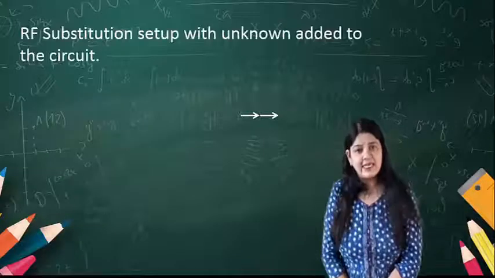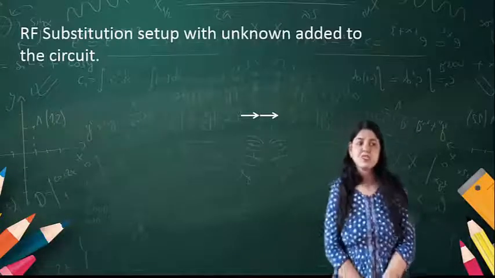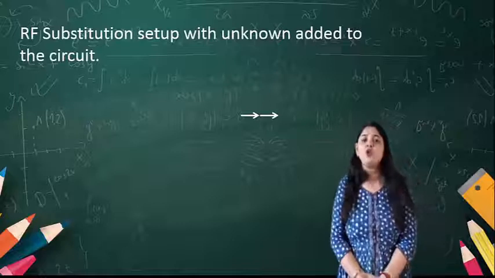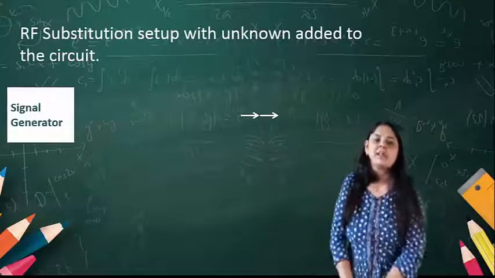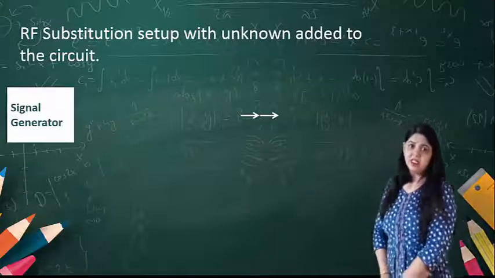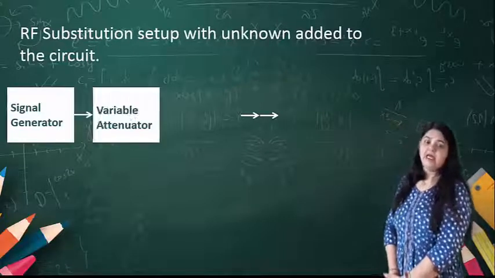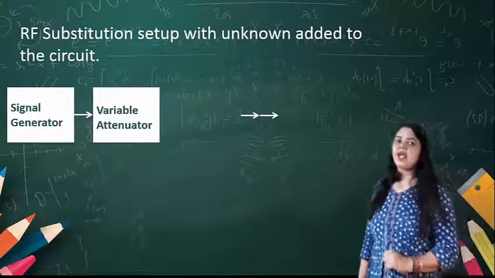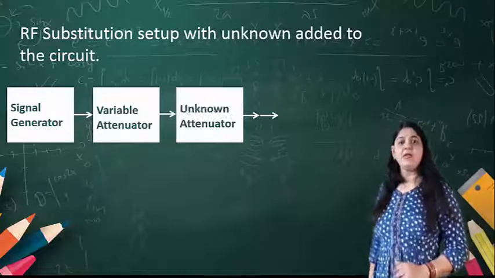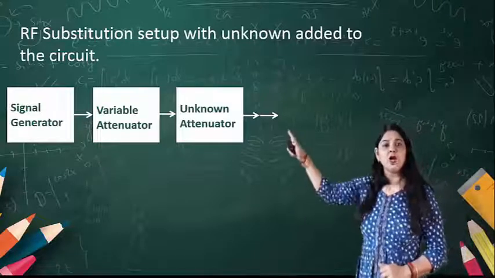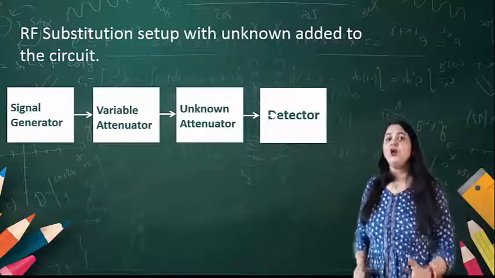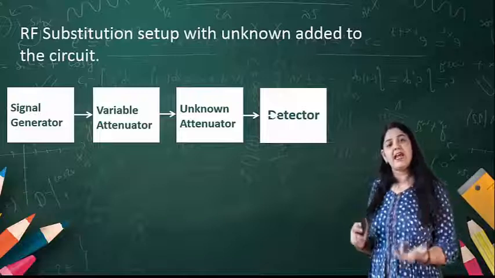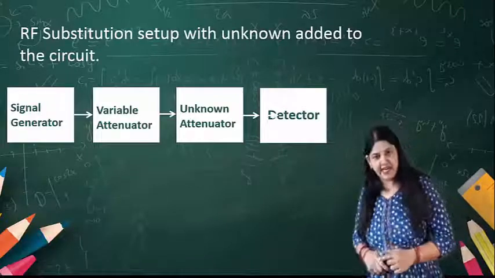Now the second step is the RF substitution setup with the unknown load in the circuit. We have the signal generator, whose output is given to the variable attenuator. The variable attenuator output is given to the unknown attenuator, and the unknown attenuator output is measured by the detector.